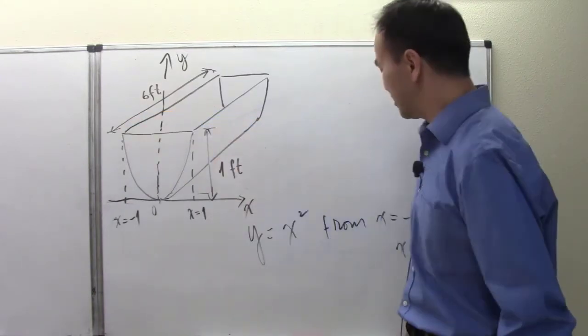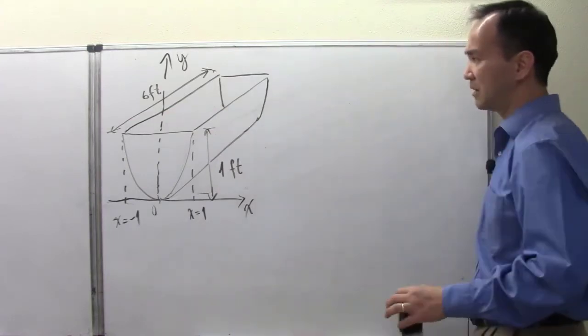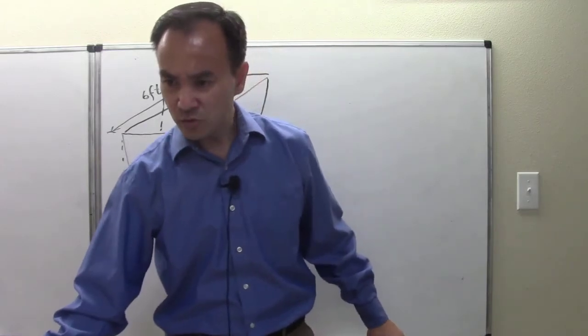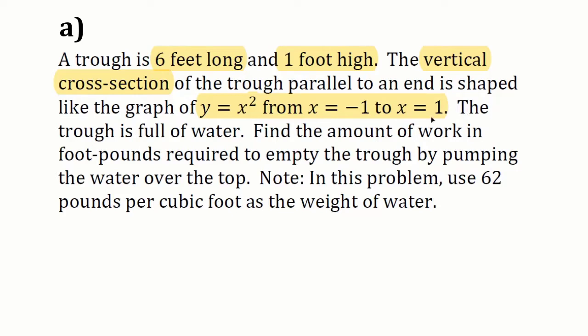Okay, so now that's the information that we want to see a little more into our problem right here. But now let's swing back to the wording description of our problem. So the trough here is full of water. And then we want to find the amount of work in foot-pounds.